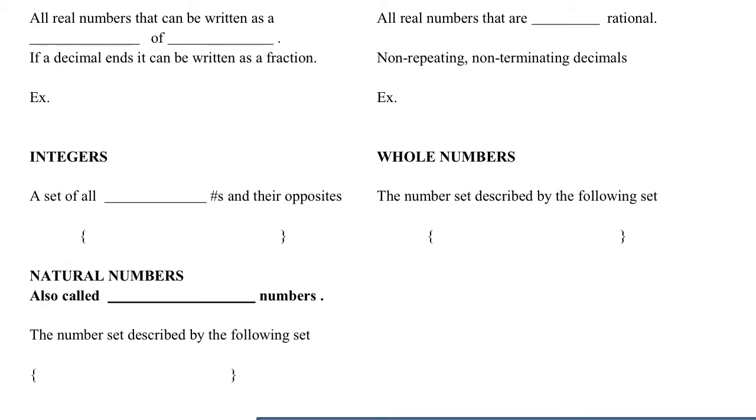These are the numbers that we are most familiar with. We often call them our counting numbers. They're the numbers that we would learn first as a small child, learning how to count objects. So they're numbers such as 1, 2, 3, 4, all the way up to infinity.